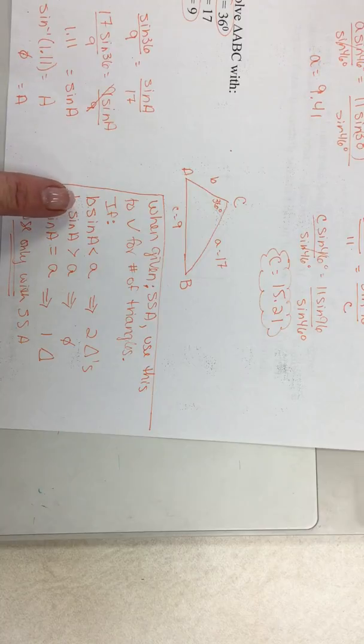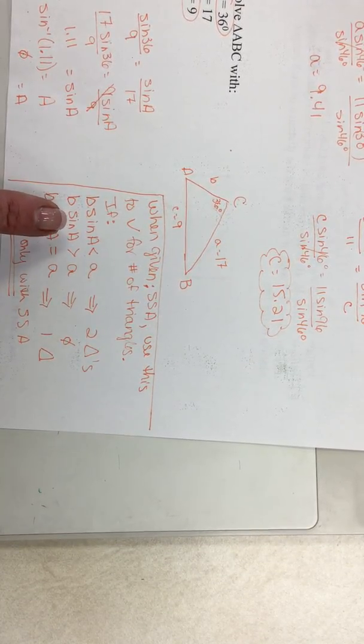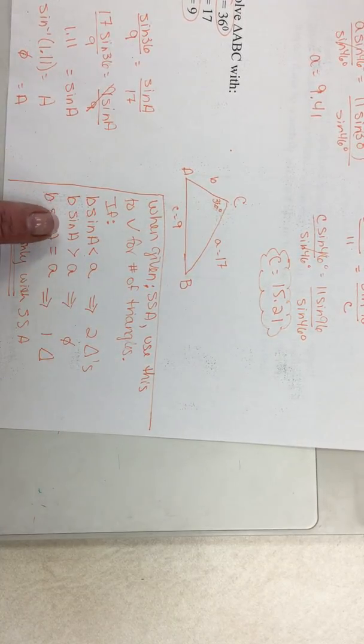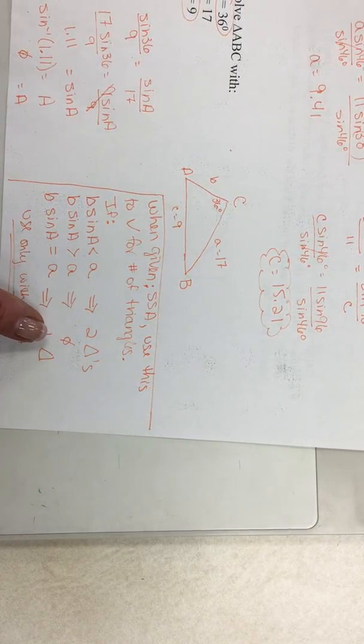So if side B isn't necessarily literally side B, it could be side A, it could be side C. It's the side where it does not have a given angle. So this random side multiplied by the sine of the angle that is given, if that measurement is less than the side that is given, then we end up with two triangles. If that measurement is greater than the corresponding side that's given, we have no triangles, and if it's equal, then we have one triangle.